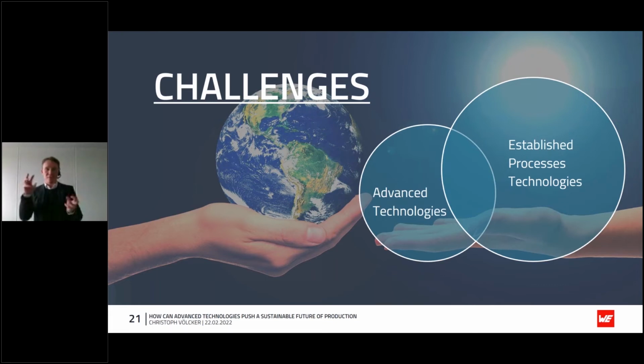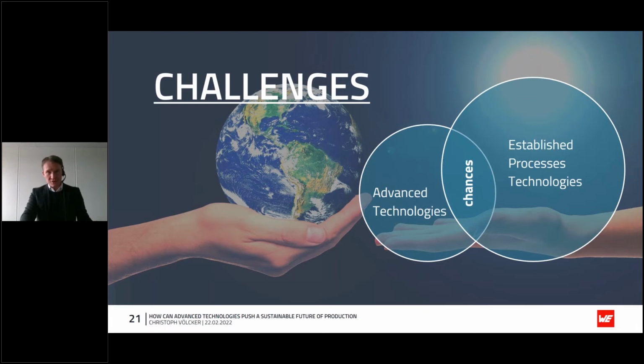And therefore, to implement the advanced technologies, they don't have to disrupt that. That's totally a marketing topic. It is not like that. To make it wisely, we have to implement advanced technologies at that point where it is needed. And there are some chances where they really interact and where we can say, let's bring them into one line.